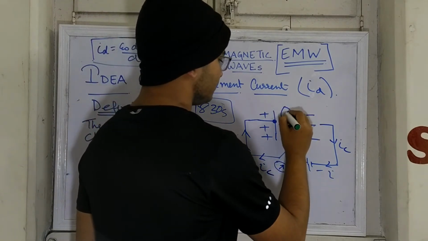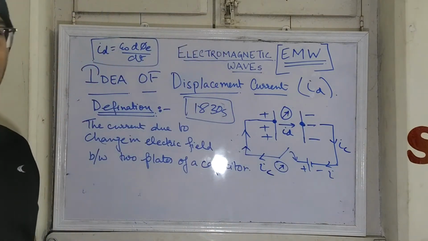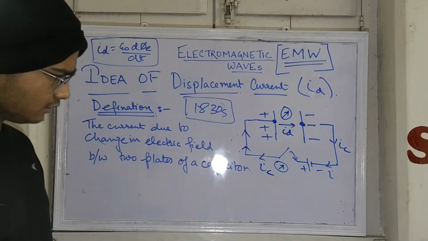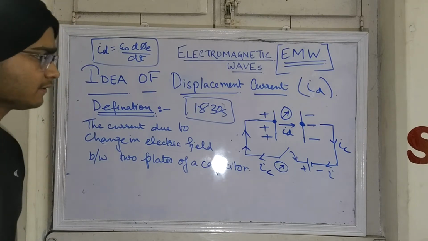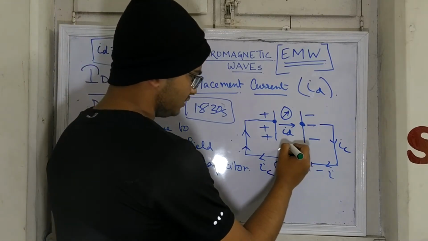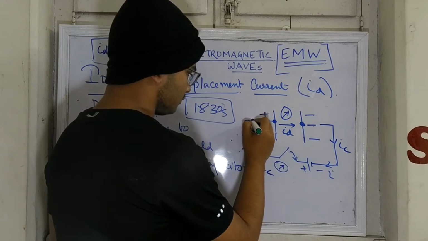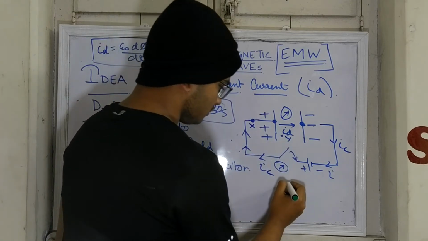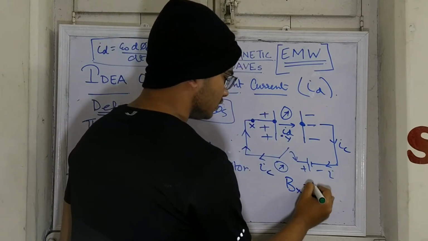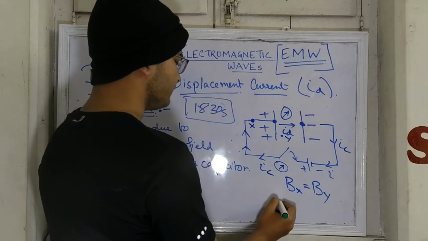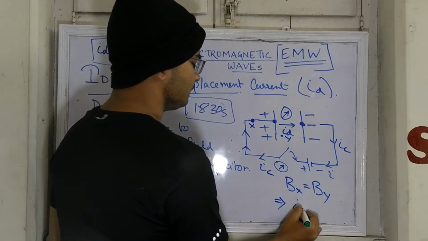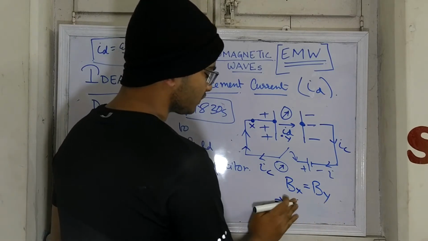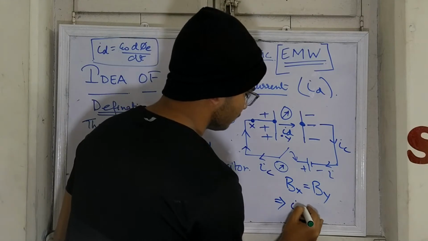Same thing he did over here. He placed the magnetic needle. He saw that the magnetic field due to displacement current and the magnetic field due to the conductor current are similar. So from this we come to the conclusion that this was my B X location, and this was my Y location. So Bx equals By. Similarly IC equals ID, because the current is producing the magnetic field, no?